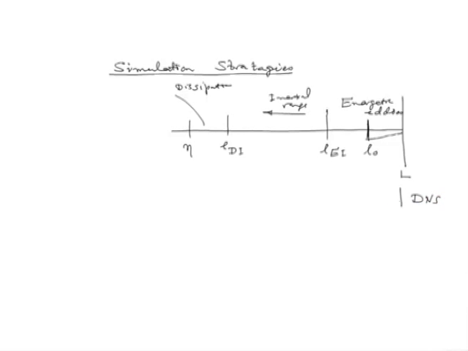So, what in effect we said in DNS is that we are going to take up all the length scales up to eta. So, here we resolve all length scales. For our grid size, if it is of the order of eta, yes, we have been able to resolve all the length scales. This is what we call direct numerical simulation.